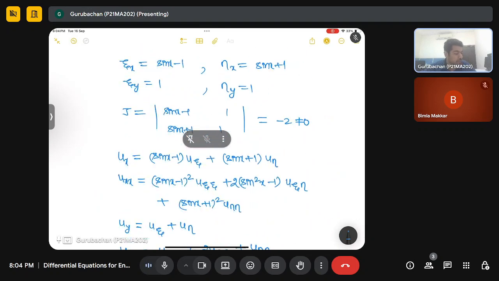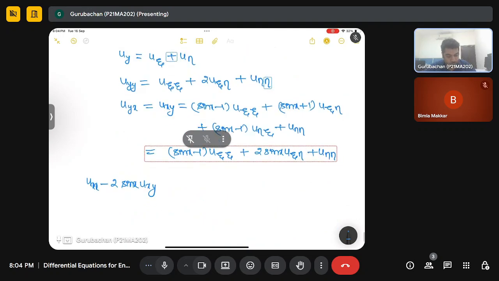There is a term of sin x, and this also we have to differentiate. So if you differentiate, this will give you cos x u xi plus cos x u eta. That's all. So this is minus 2 sin x uxy minus cos square x uyy minus cos x uy equal to 0.